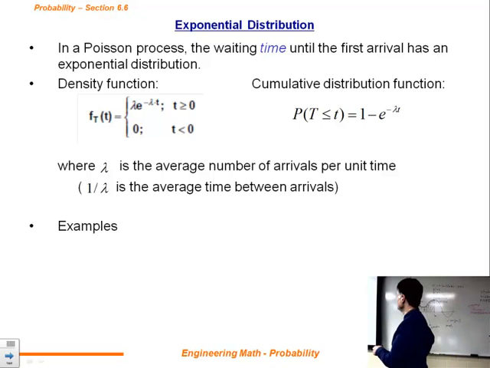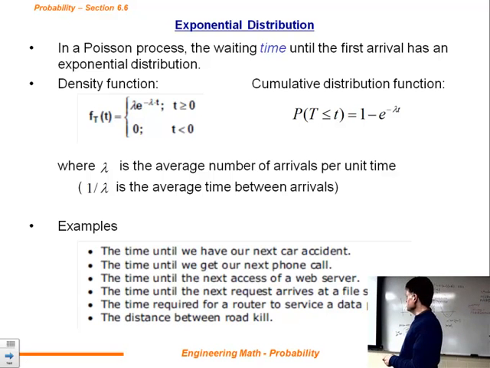So t is the amount of time. Lambda is the average number of arrivals per unit time, and so 1 over lambda is the average time between arrivals.